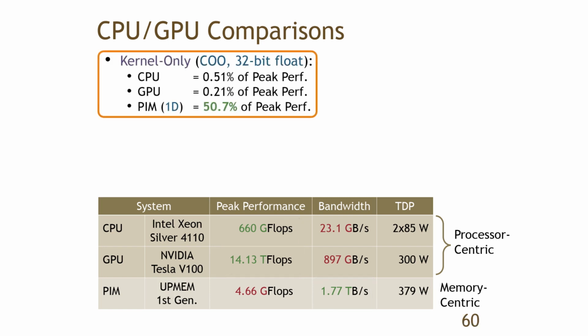You can find all the detailed analysis in the paper, but here, one thing that I would like to highlight is this comparison, right? For the kernel only, the PIM system was able to achieve more than 50% of the peak performance of the DPUs, while CPUs and GPUs don't even reach 1% of their peak performance.